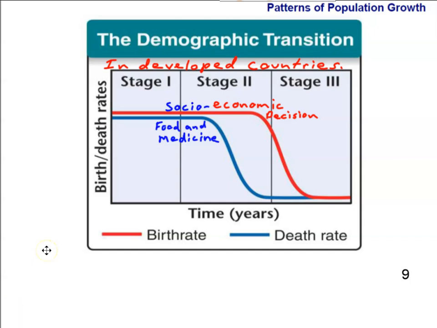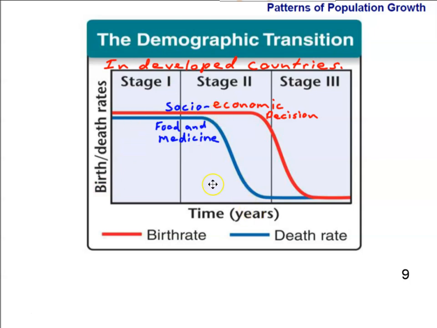And you may know more about this than I do, but very basically, we're looking at 3 stages to the demographic transition, and the transition is from less developed countries to more developed countries. In other words, more developed countries have a tendency to go through the demographic transition, which slows their population growth.